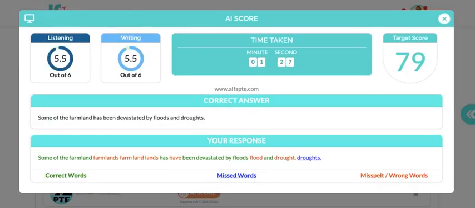So we get 5.5 out of 6. So what did we miss out? Drought here, droughts. S at the end cost us 0.5 points. So this is how the test is scored. So all the words that were not necessary in the sentence, त्यसले मलाई माइनस स्कोर दिएको छैन.